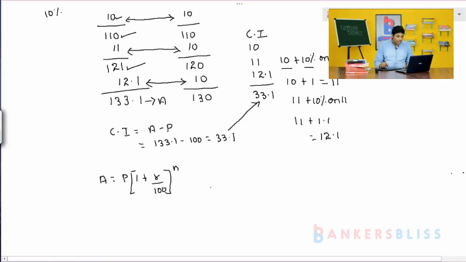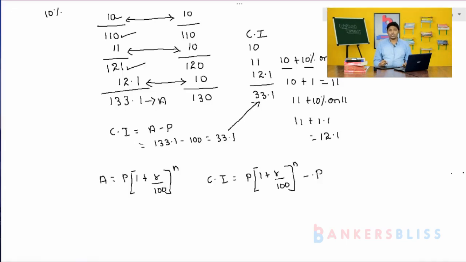The compound interest formula is very similar to the total amount formula, with only a few changes. So compound interest is equal to principal amount into (1 plus rate of interest divided by 100) whole power n, minus principal amount. So let us solve a problem with the help of this formula.